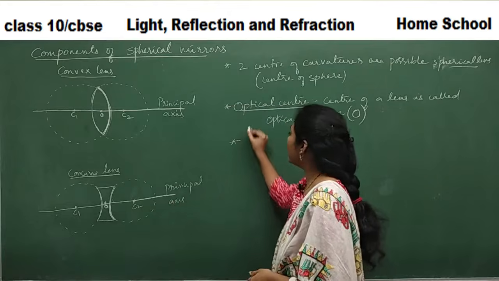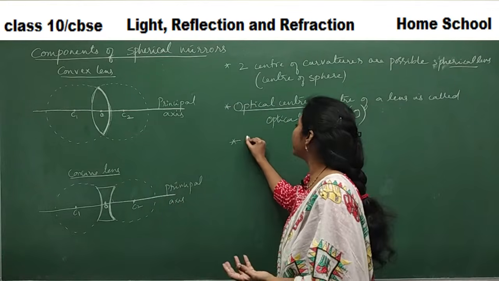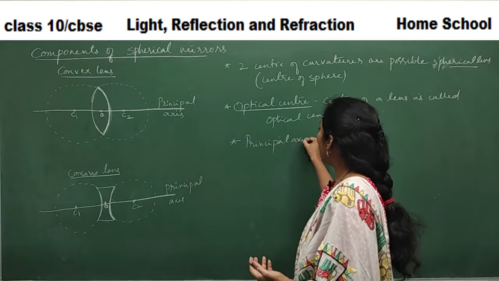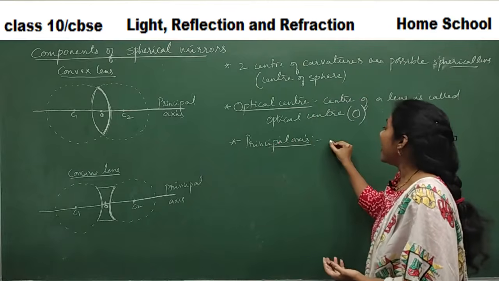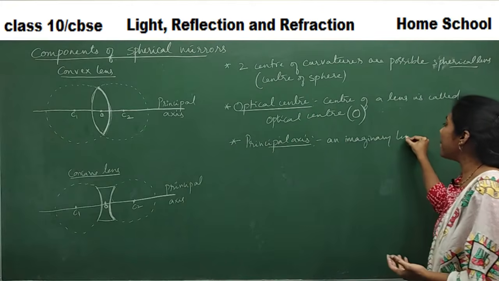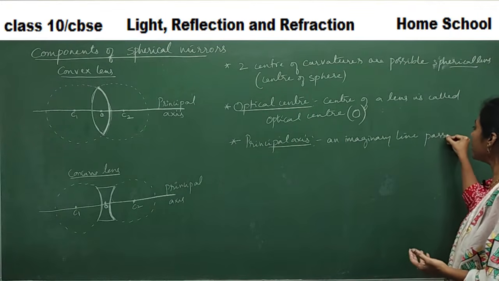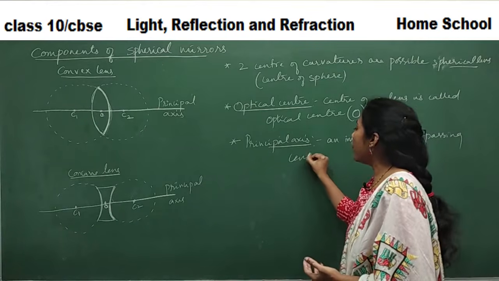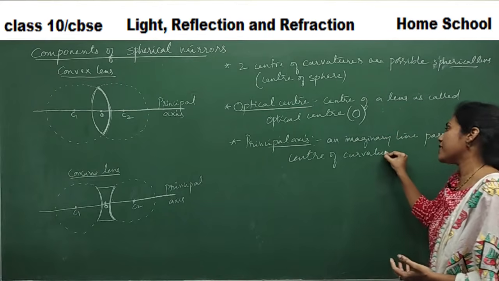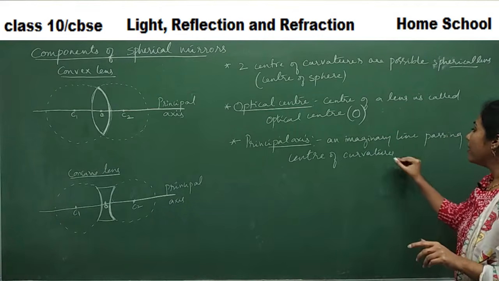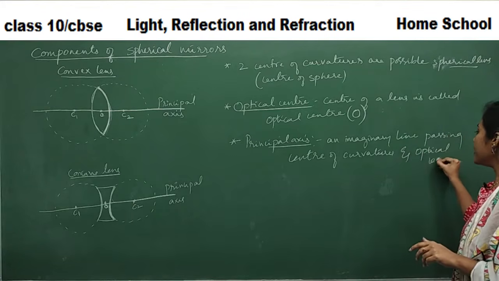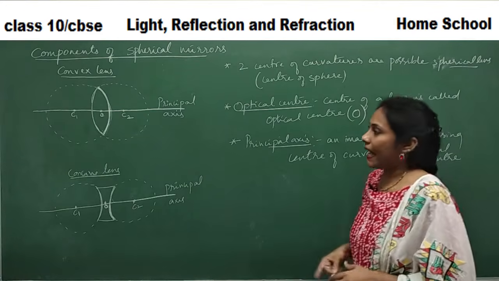So the next term that you have to remember is principal axis. How do you define principal axis? An imaginary line passing through the centers of curvature, I am saying centers because you have two, and the optical center is called the principal axis.